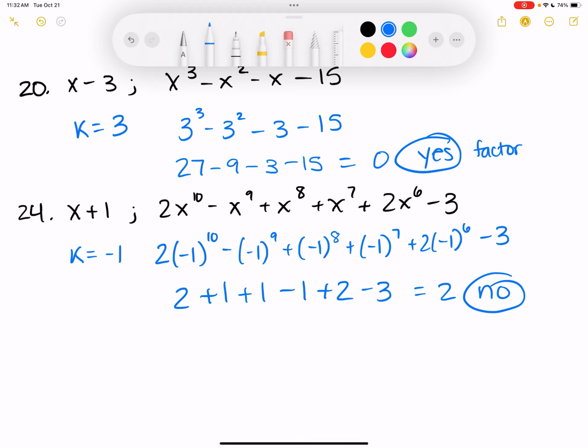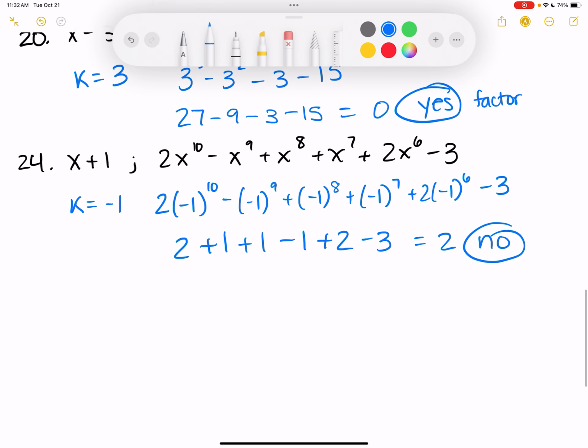All right, next thing. Find the polynomial function with leading coefficient 2 that has the given degree and zeros. So 28.